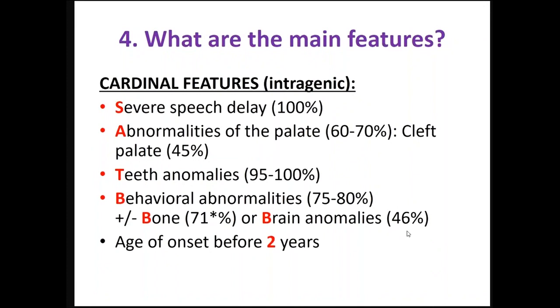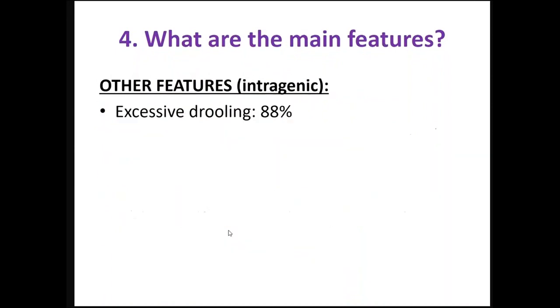And then we do know that happens in the first 2 years of life, and you see the acronym that we came up with a few years back just to summarize the main features, which still to this day are accurate. There are, of course, many other things that we learn over time that can happen. These include excessive drooling, for example, feeding issues.